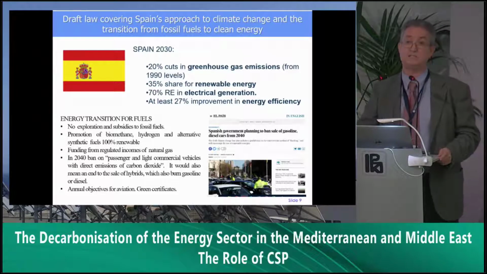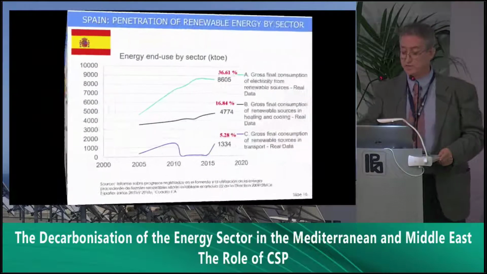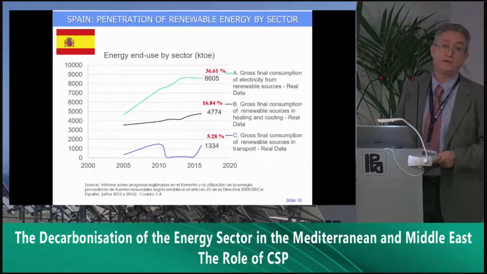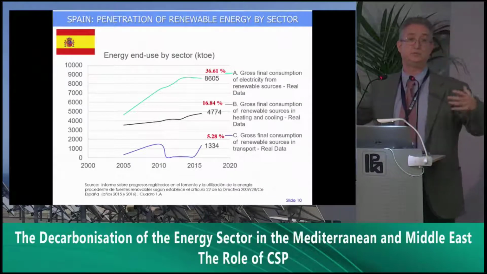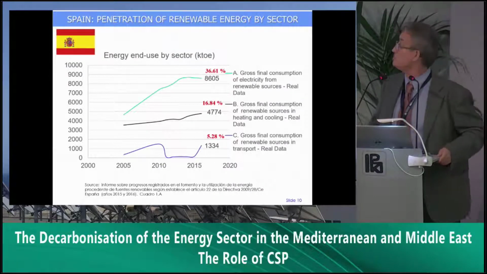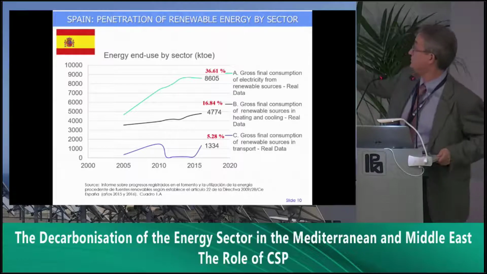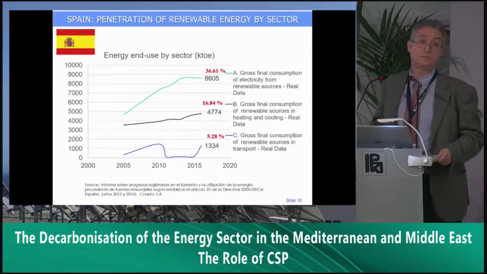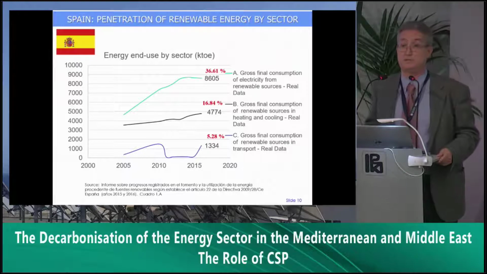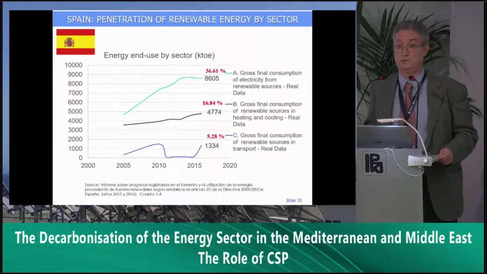So this is a big challenge, because if we analyze our country and our recent distribution of primary energy consumption, you see that for transport, only 5% of our consumption has a renewable origin.